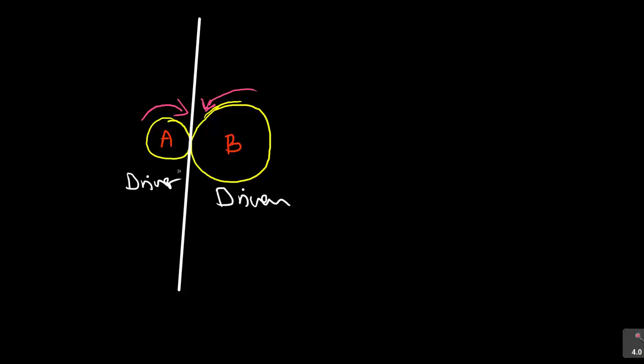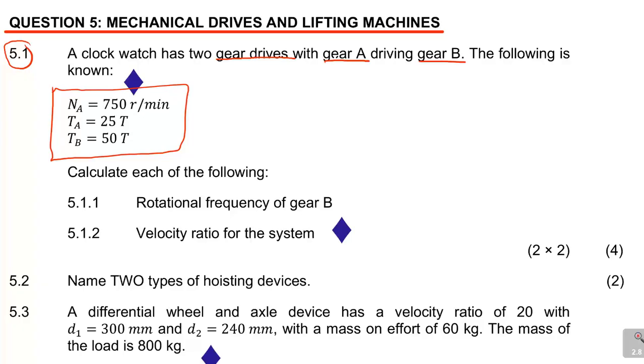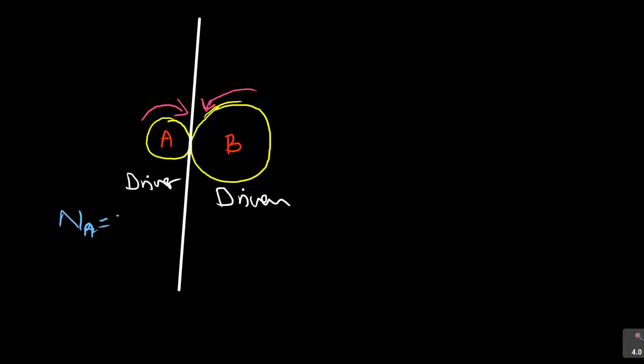So if I come here on the A, the information I've got is NA, capital A in this case, is equal to 750 r per min.